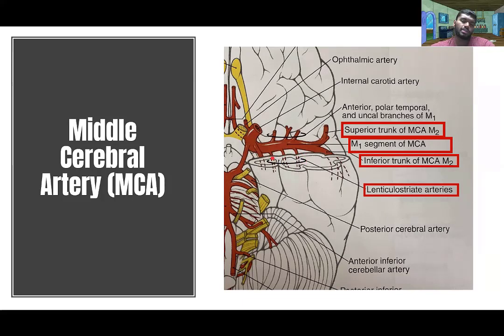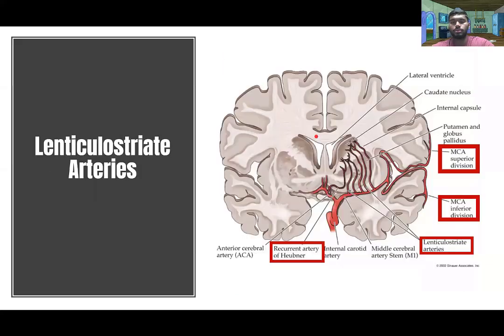The other set of arteries I want to talk about off the MCA is the superior trunk of the MCA, or the superior M2. This is going to go upwards into your frontal lobe. So you see here, you have your M1 branch, lenticulostriates, or the deep MCA. And then there's this bifurcation where this is the superior M2s, inferior M2s.